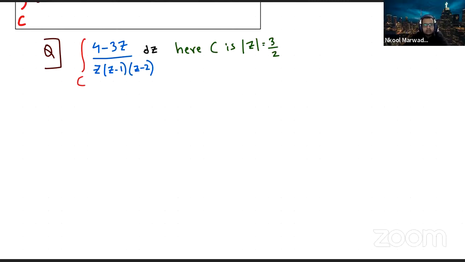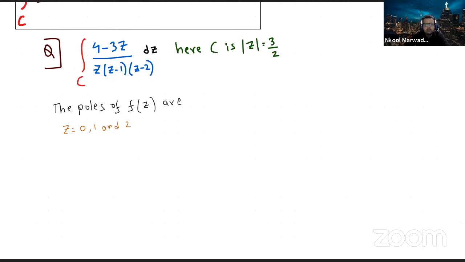So straight away, I can say that the poles of f(z), the points at which the function is not analytic, are 0, 1, and 2.